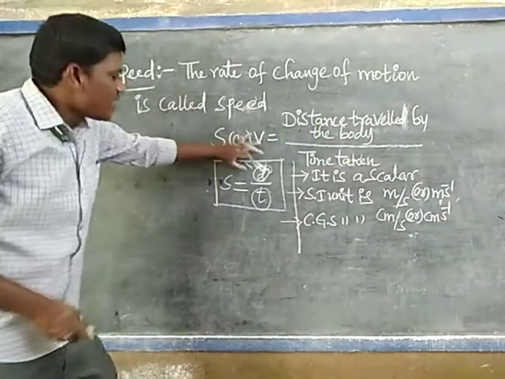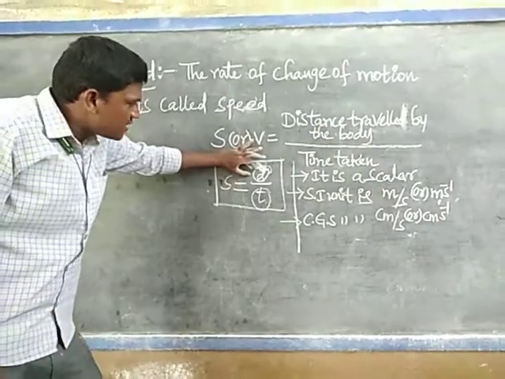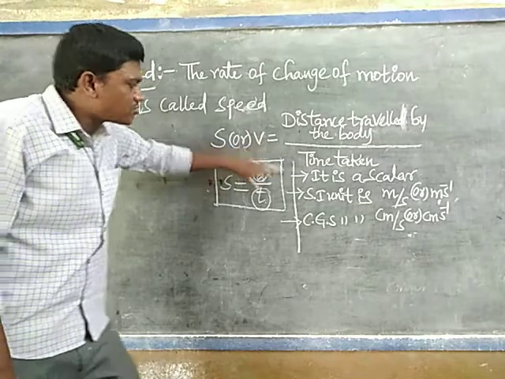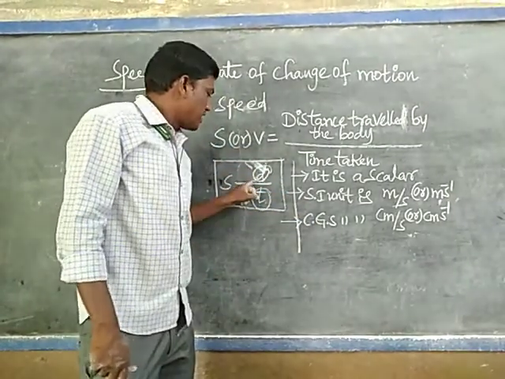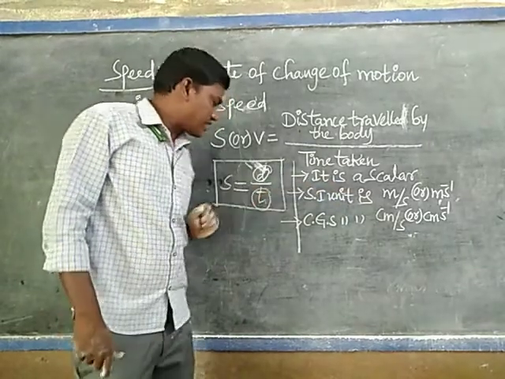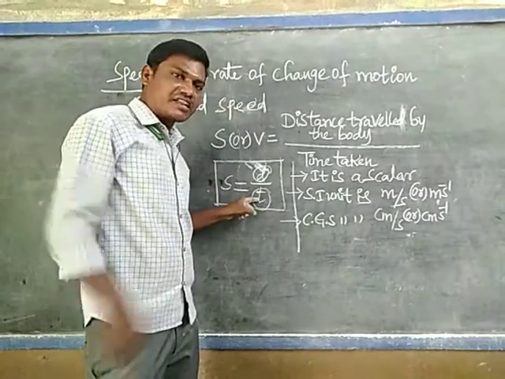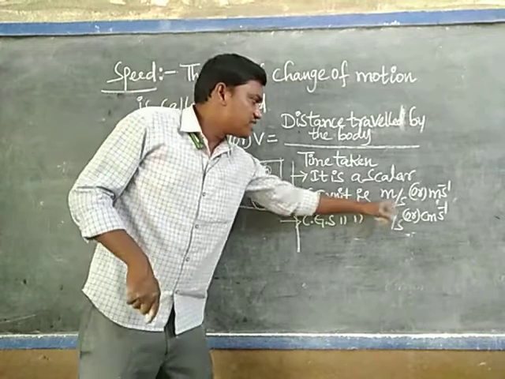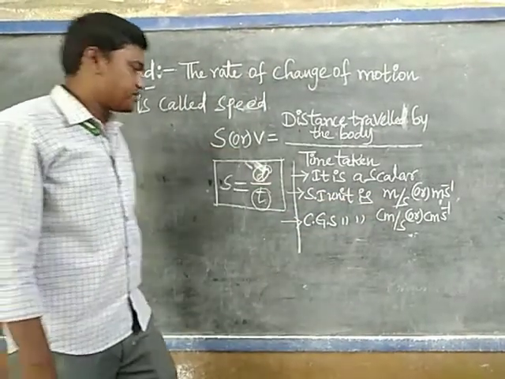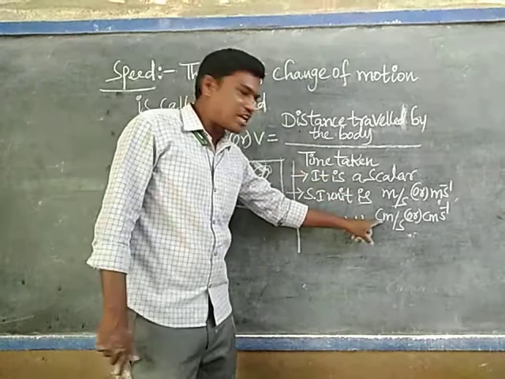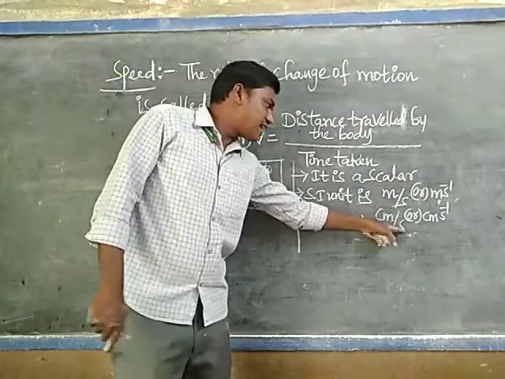According to the international system, distance is measured in meters, and time is always measured in seconds. In the CGS system, distance is in centimeters and time is in seconds.